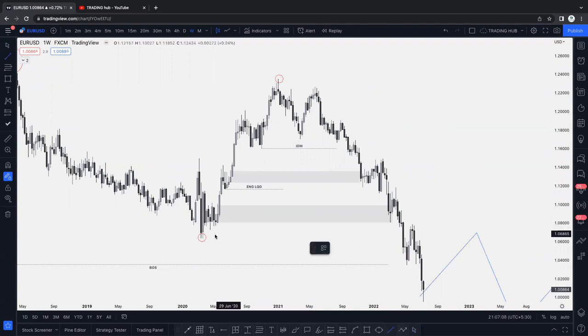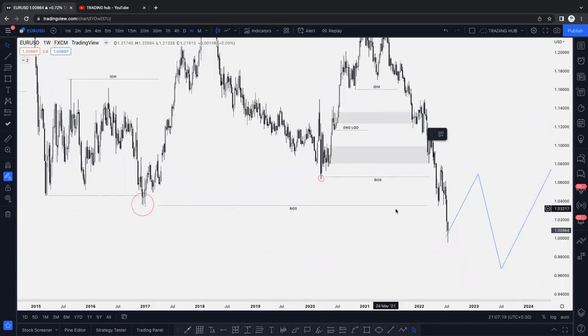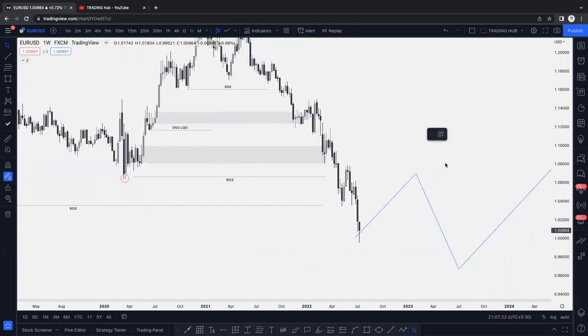So basically this was the point where we were expecting price to push higher, correct? But after breaking this structure, the major structure in the weekly perspective is broken right now. Okay, so monthly also broke the structure, weekly is also bearish. So where is the next pullback zone before the sell?